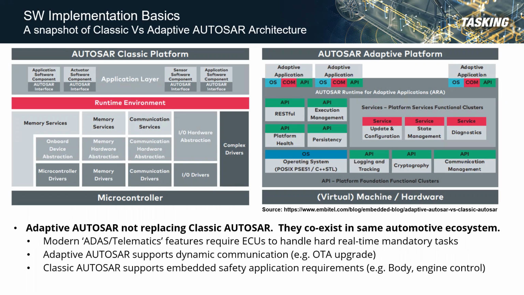So for example, the AUTOSAR Classic offers a high level of safety criticality. It's got lower computing power, around 1,000 DMIPS, but it's very fast. And then when you look at adaptive AUTOSAR, it's very dynamic, it's very updatable, supports cloud-based processing, supports IoT.